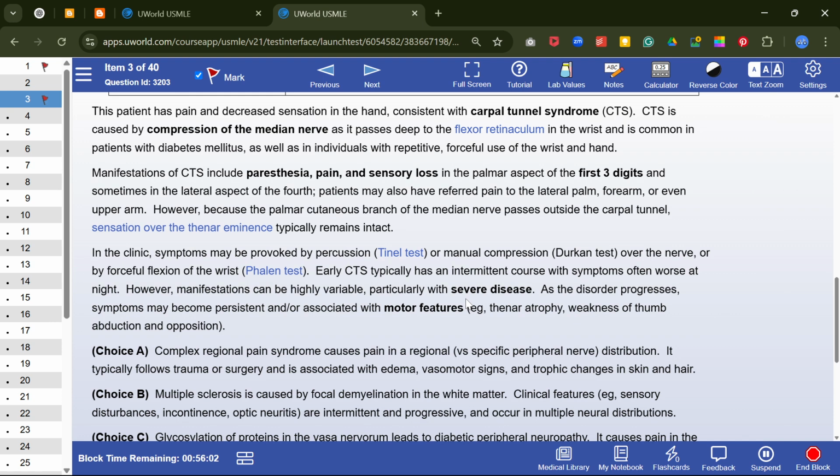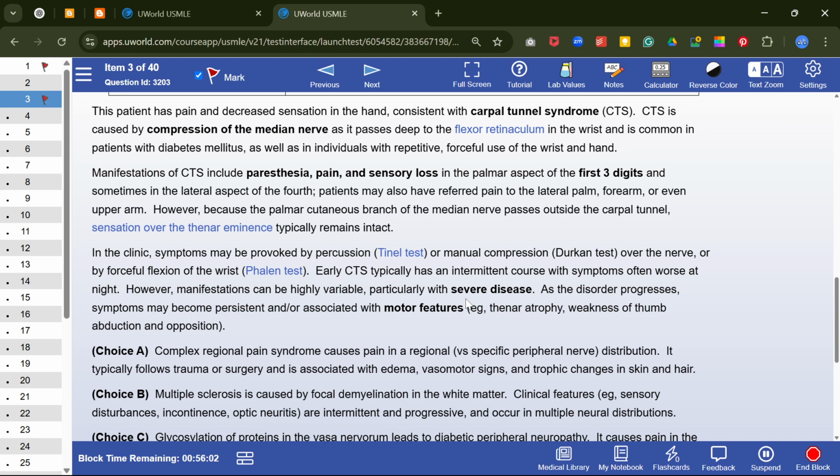In the clinic, symptoms may be provoked by percussion, the Tinel test, and manual compression of the nerve, or by forceful flexion of the wrist, the Phalen test. Early CTS typically has an intermittent course with symptoms often worse at night.